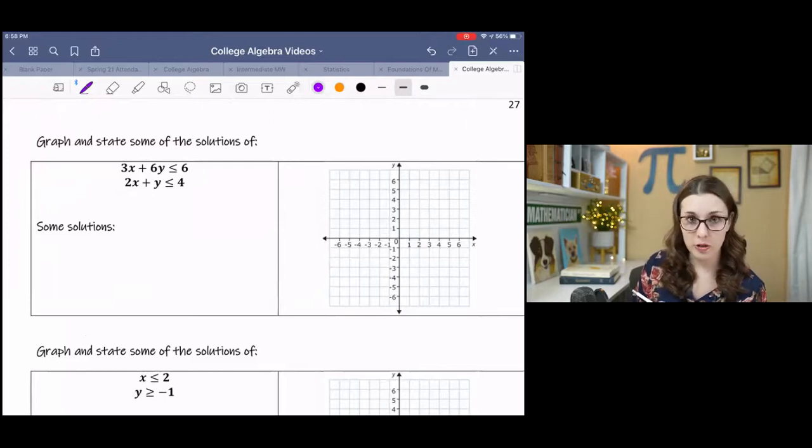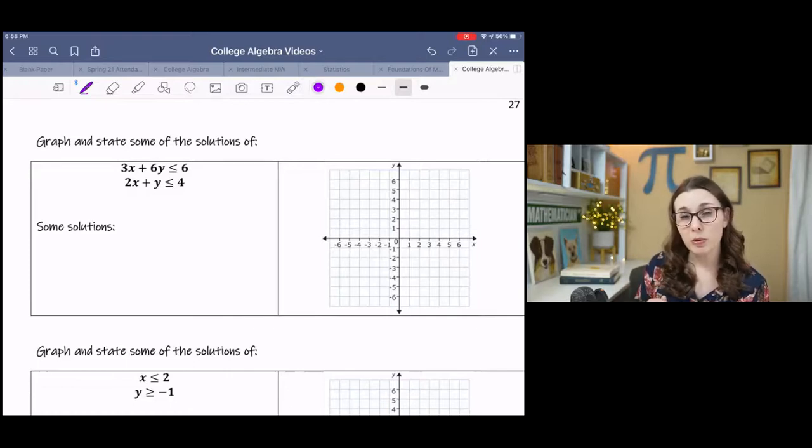There are several ways you can graph these two lines. Since they're in standard form, you can use x and y intercepts, which is really fast because these are going to divide evenly, or you can put it in slope intercept form. Either way is fine.